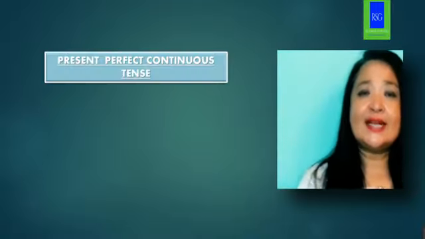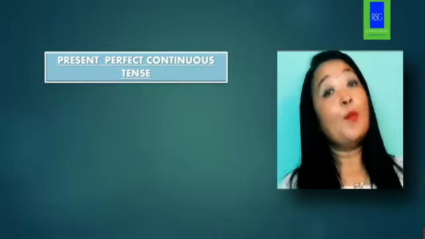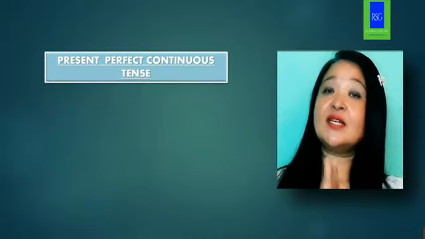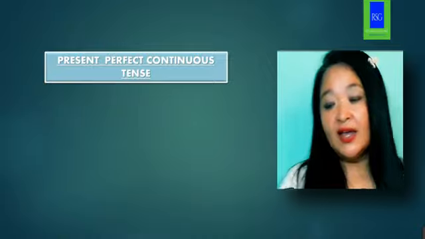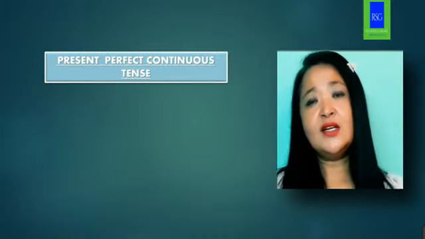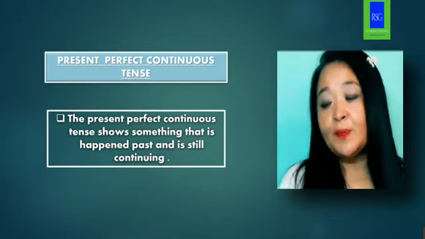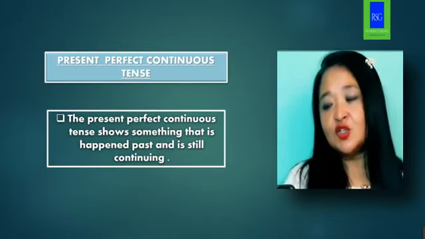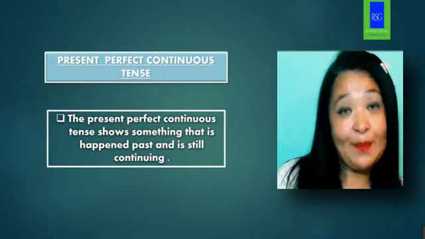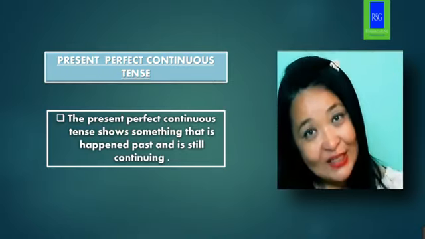Alright, now let us see the last type of present tense, that is the present perfect continuous tense. So what does the present perfect continuous show? Let's see. The present perfect continuous tense shows something that has happened in the past and is still continuing.